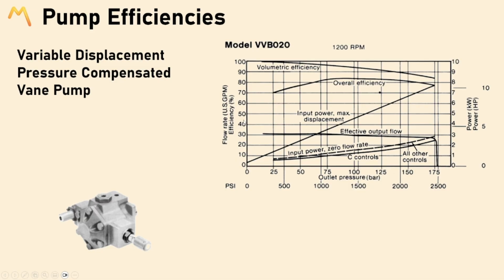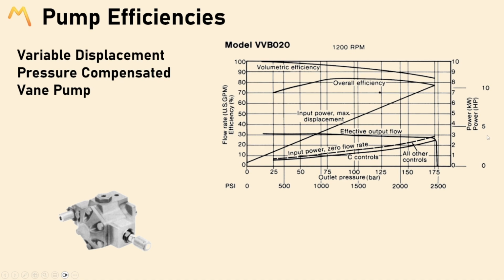On the y-axis, or I should say the y-axes, we have flow rate in US gallons per minute. We also have efficiency in percent, represented by this bar over here. So for example, this number could mean either 70% efficient or 70 gallons per minute, depending on which of these lines we're looking at.